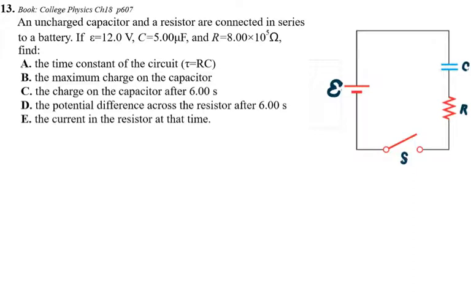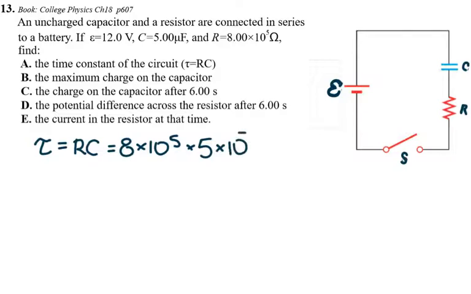The time constant is R times C. R is 8 × 10⁵, and the capacitor is 5 × 10⁻⁶. That gives you 4 seconds. It's going to take 4 seconds for the capacitor to be charged to 63% of its maximum charge.